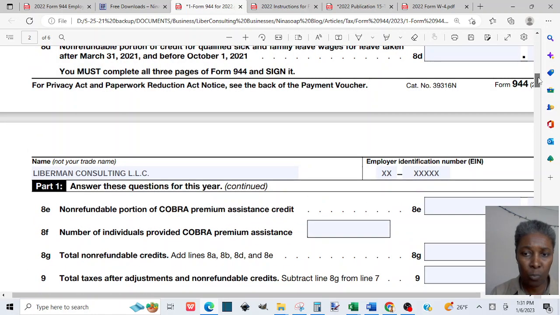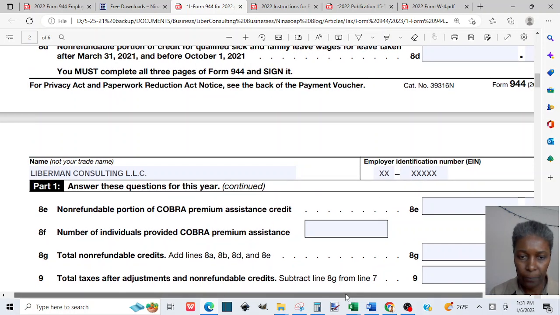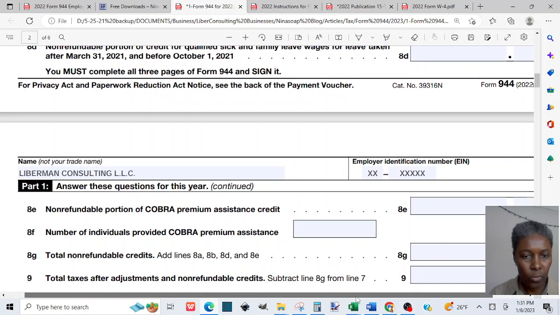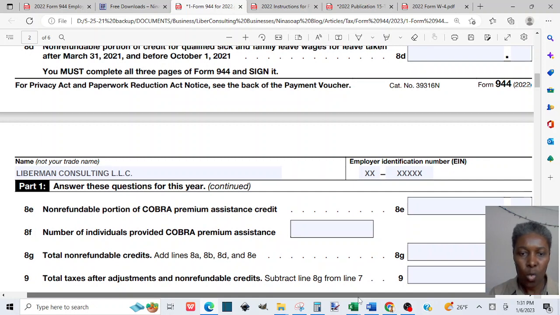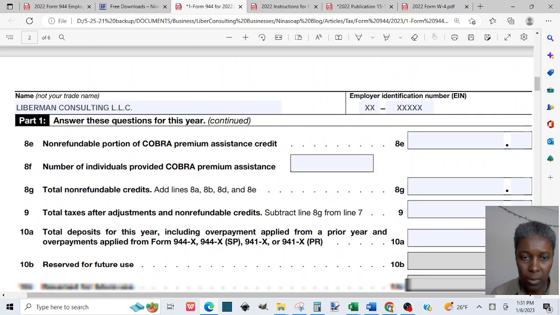So now let's go back to page 2, Part 1, line 8E. We are not going to claim any COBRA premium assistance credit, so we leave it blank. There is nothing that will go on line 8F for us, since there is no one that credit is related to.